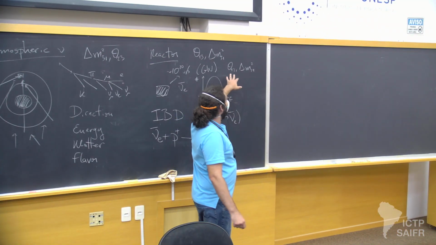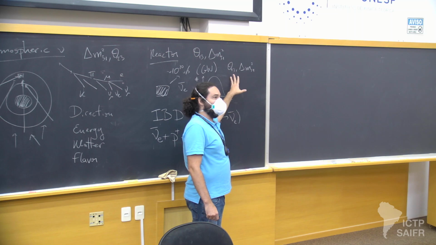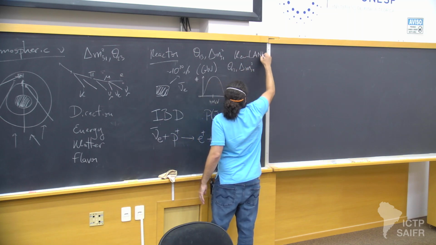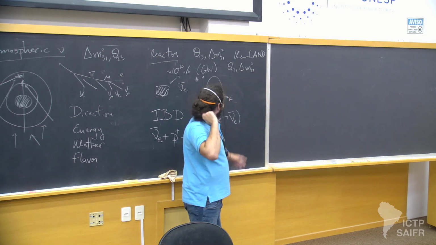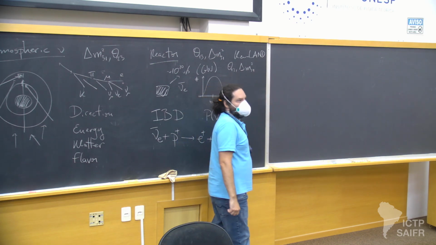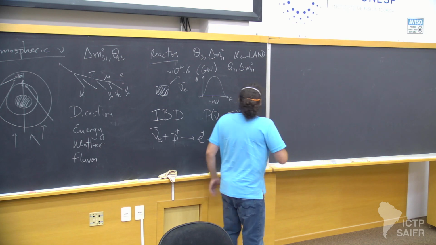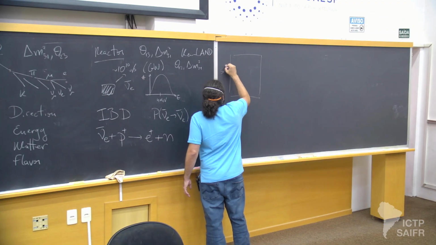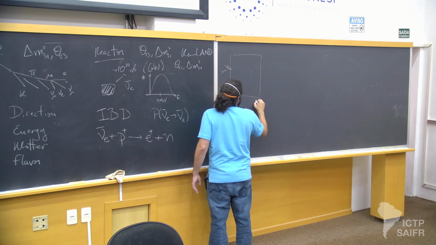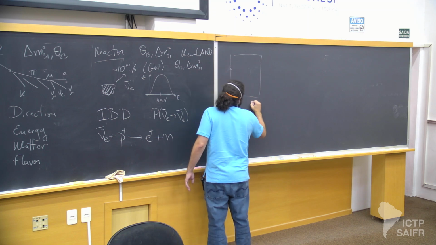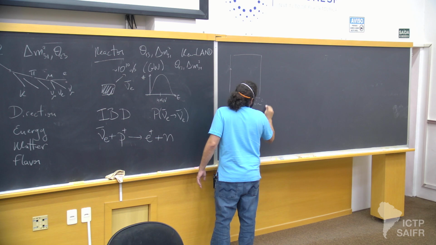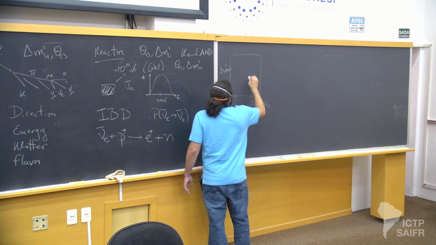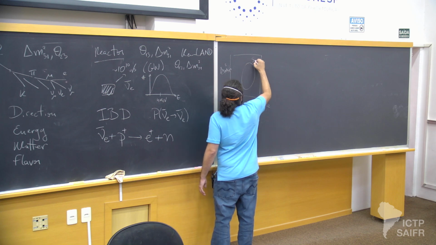Theta 12, reactors do have sensitivity to that. KamLAND is the main experiment that measures that. But theta 12 is actually way better measured by solar neutrinos. So essentially, if you look at sine square theta 12 and delta m square 21, solar neutrinos give you a blob like this.